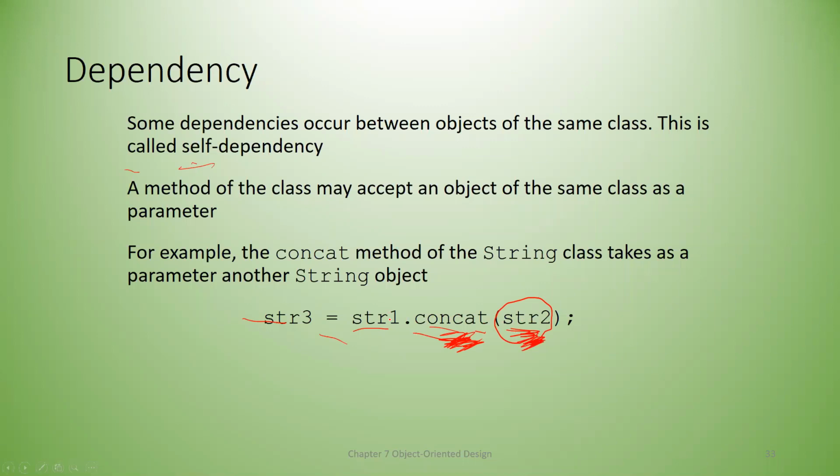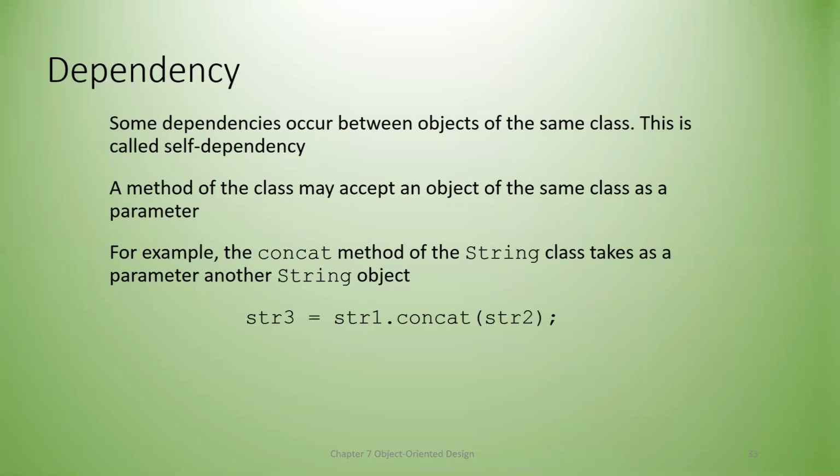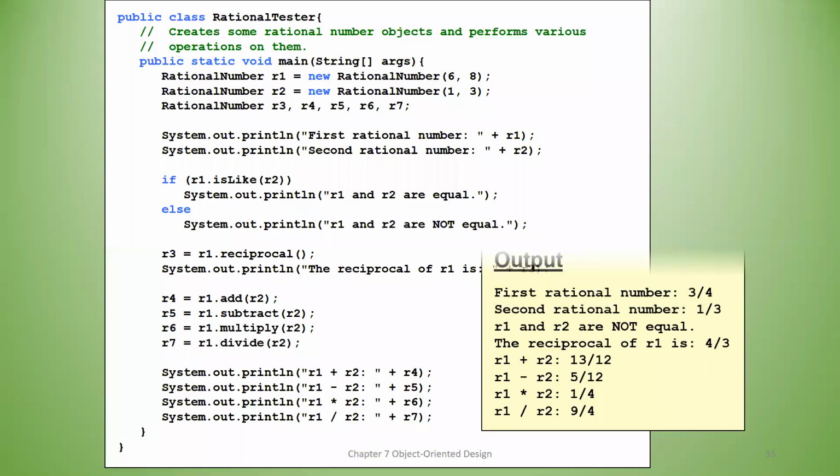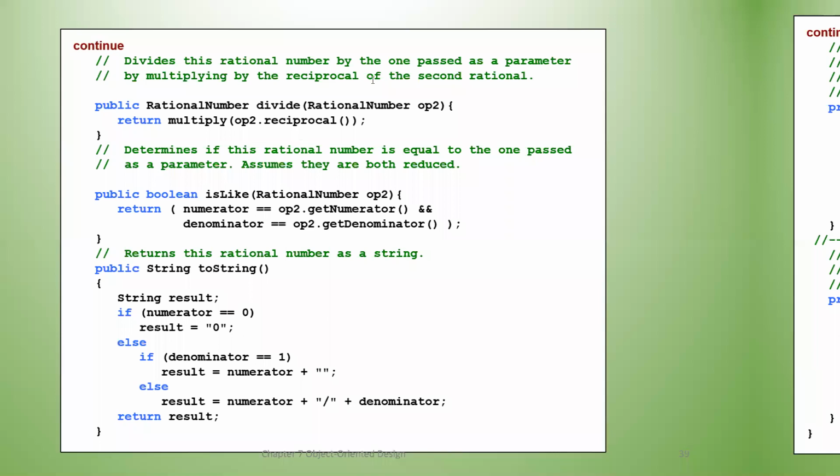That means it depends on itself. We call that self-dependency, okay? And now let's look at another class. This is the class we are going to look at. I have the explanation, but I have it here. So let me load it.